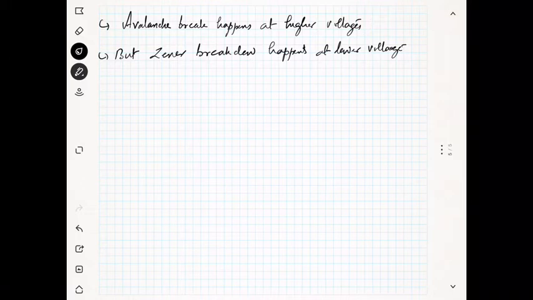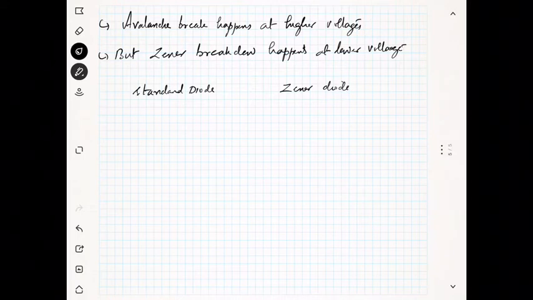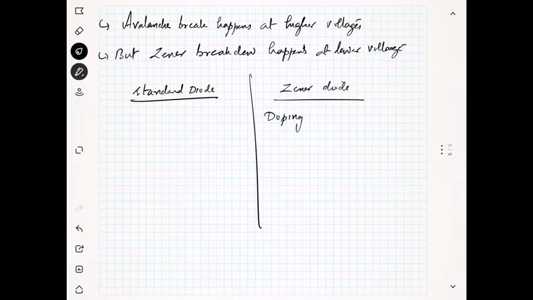When you compare the standard diode with the Zener diode, you know that the doping concentration is very high in Zener diode.